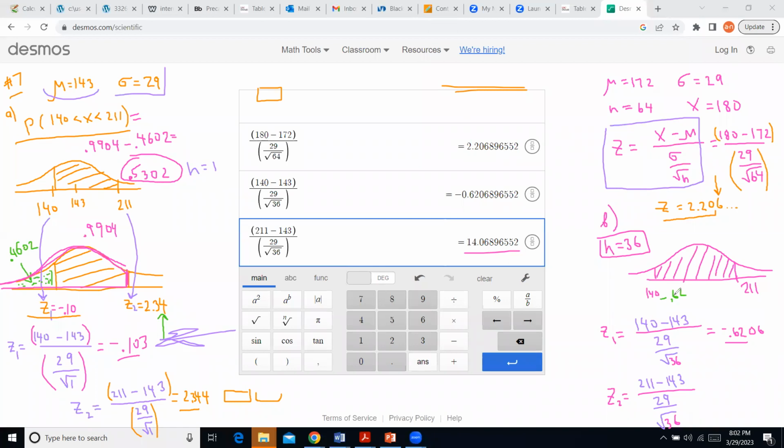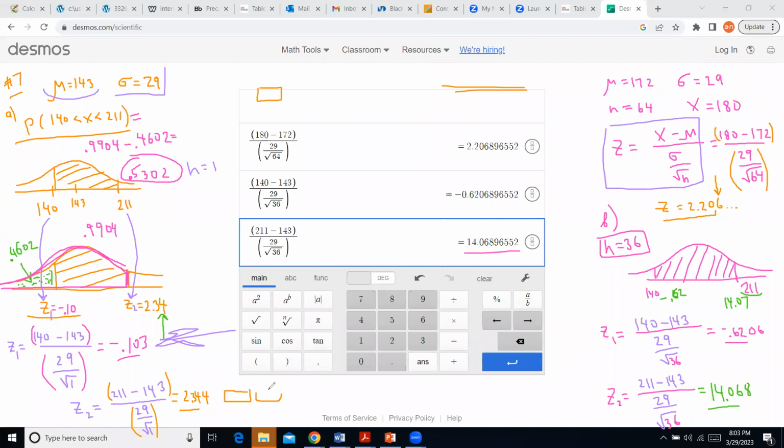So the picture is the same, it's just z-scores that are going to be changed. And then for 211, I get a 14. That's a huge z-score, right? The largest we are working with is actually 3.5. And here, if I round it to the nearest hundredths, it's 14.07.